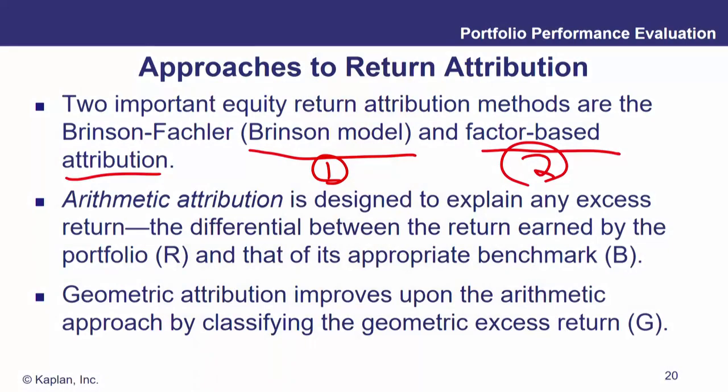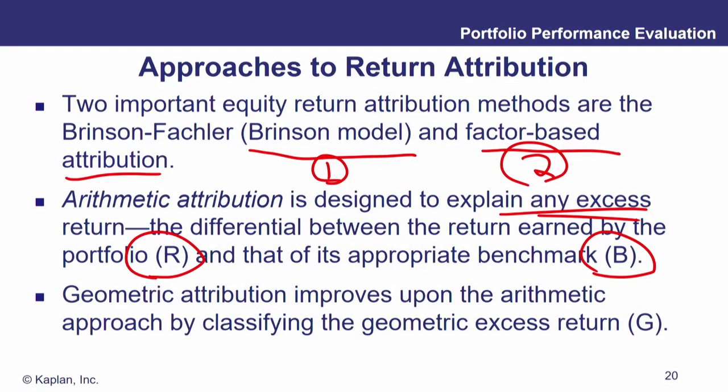Okay, so if we're going through this idea of arithmetic attribution and geometric attribution, what are we really getting at here? All we're trying to do is explain any excess return. So the portfolio earned this amount, R, and its appropriate benchmark return B. That spread, that difference, that alpha, that excess return, I want to explain that.